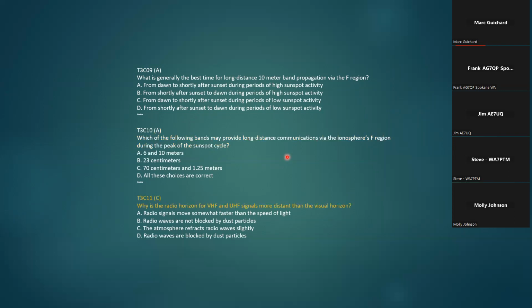11. Why is the radio horizon for VHF and UHF signals more distant than the actual visual horizon? We talk about line of sight. You can actually communicate on VHF and UHF slightly further than the actual line of sight you can see.